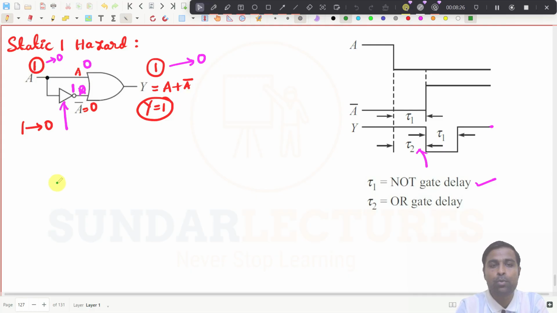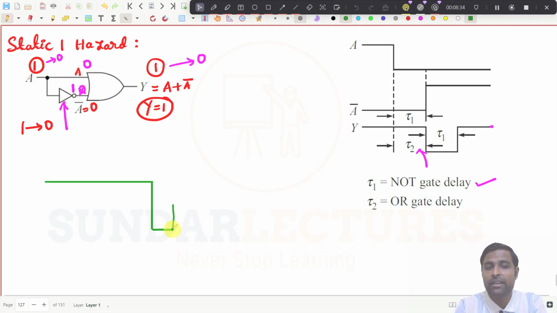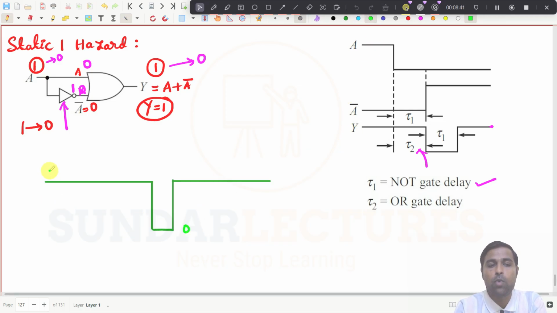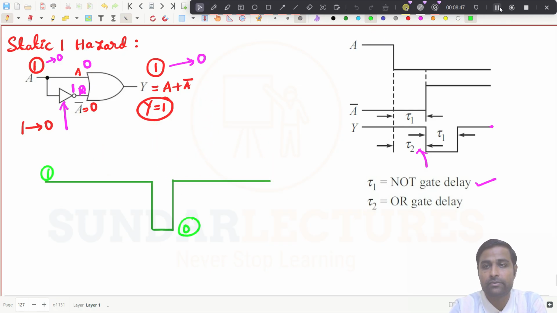The desired output is 1, but it goes to 0 for a moment, and then it comes to 1. So this is called static 1 hazard, right? This is 0 and this is 1.